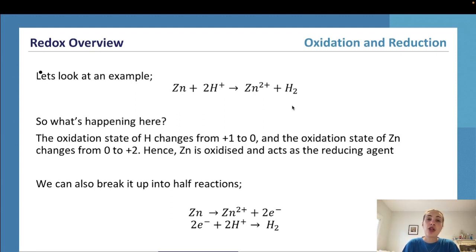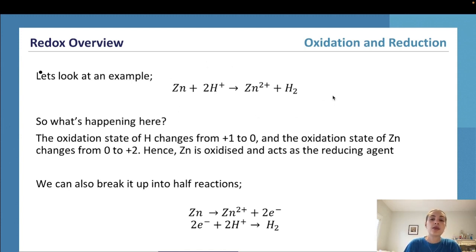So each hydrogen atom is gaining 1 electron. It's going from +1 to 0, which is a gain of 1 electron, because we're remembering that our electrons are negative. And so that means that it's being reduced. Hence, hydrogen is reduced, and it acts as the oxidizing agent.